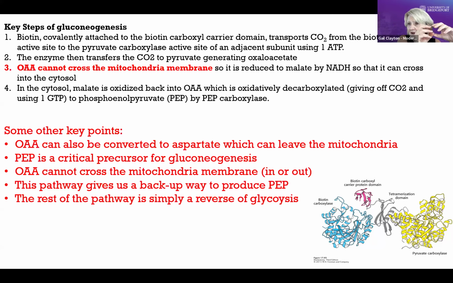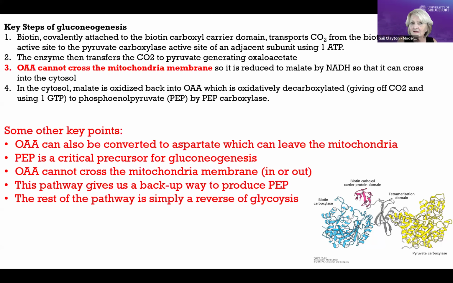The biotin has that CO2 on its prosthetic group, and we're just taking it and putting it on pyruvate. Now pyruvate is turned into oxaloacetate. Since oxaloacetate can't cross the mitochondrial membrane, it's reduced to malate by NADH. So then malate can cross over, and now we're in the cytosol. And remember, we're regenerating that NAD that helps run the Krebs cycle.